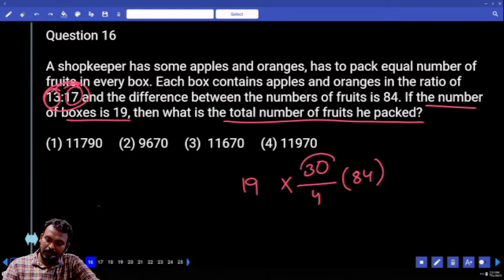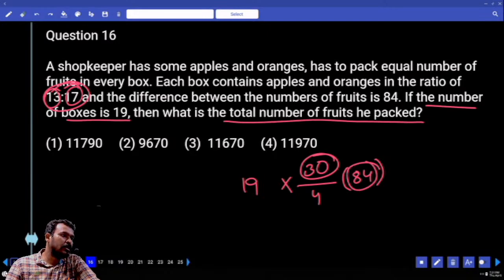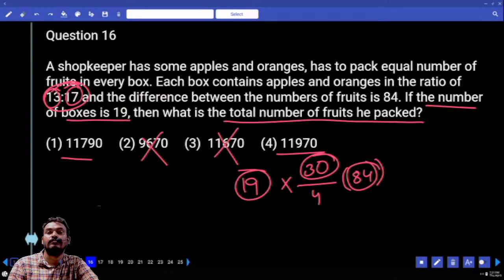30 is a multiple of 3, and 84 is also a multiple of 3. 3 into 3 means the answer must be a multiple of 9. First option is a multiple of 9. Second option? No. Third option? No. Fourth option? Yes. How many options are there? 2 options. And 19 means it must be a multiple of 19. Also 84 is a multiple of 7.